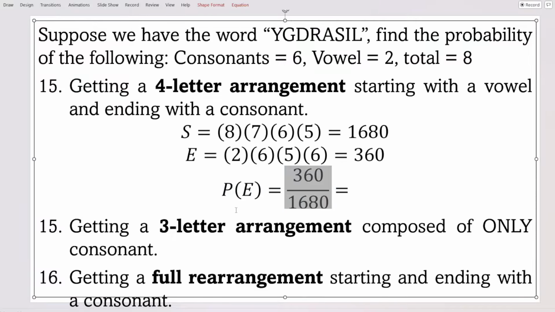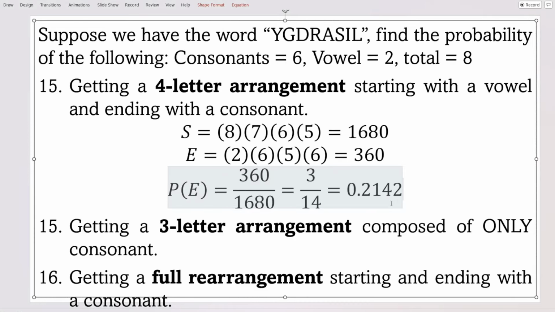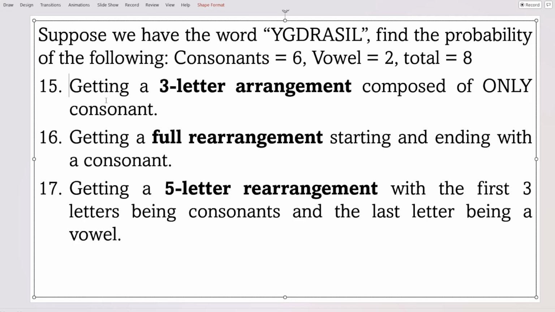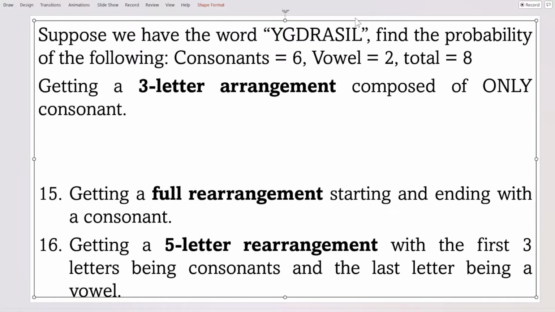The lowest term for this one is 3 over 14. And in decimal, this is 0.2143. This is the probability of getting a four-letter arrangement starting with a vowel and ending with a consonant.